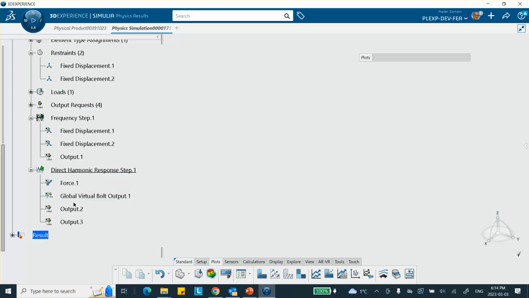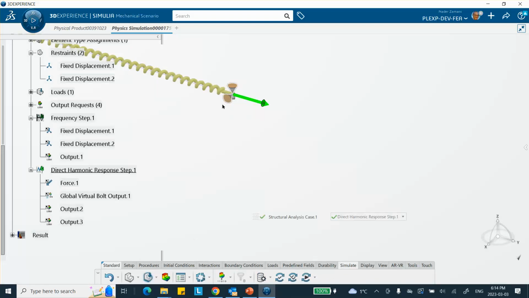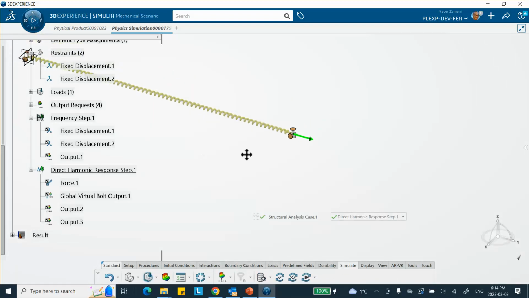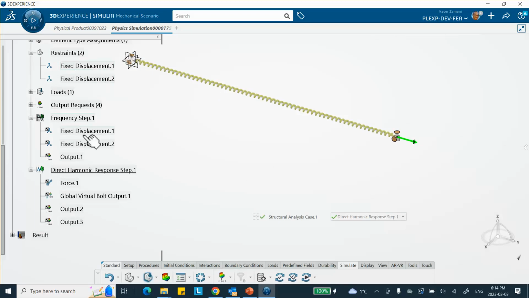That information is not present here. So let's go back to the scenario, and do it again, because obviously it's up here, but these did not go directly to the direct harmonic response. So let's do it again.